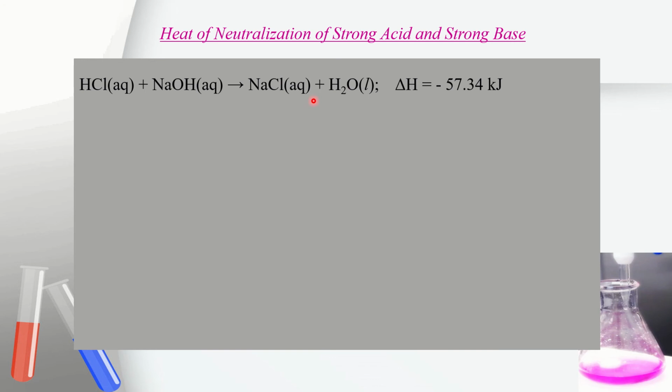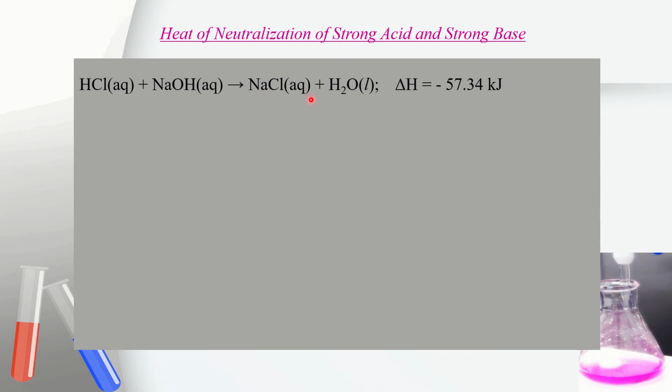But look at this reaction here. HCl is 100% ionized. That means no bond is there, so no need to break any bond. Sodium hydroxide is also 100% ionized, so here also no bond is broken. That means in this reaction no bond is broken and no energy is absorbed by the reactant molecules.